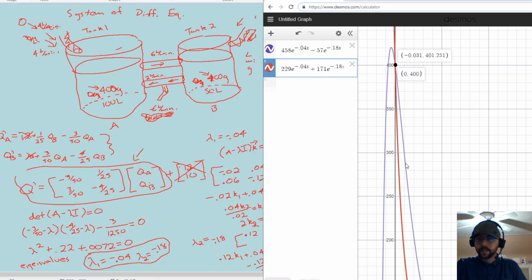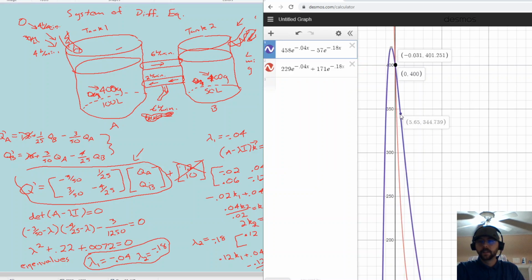It's the purple line, and it goes down a little bit slower. So if we were to take some time right here, which is approximately 5 minutes, tank B has 250 grams, but tank A still has about 340 grams.